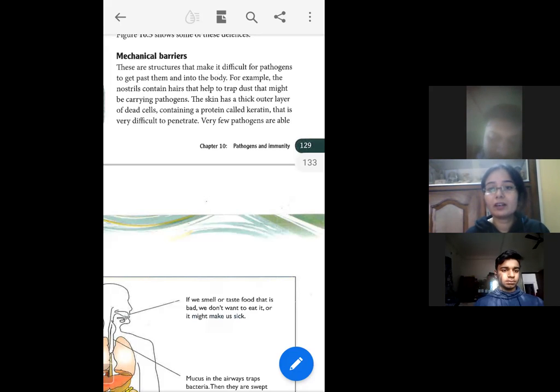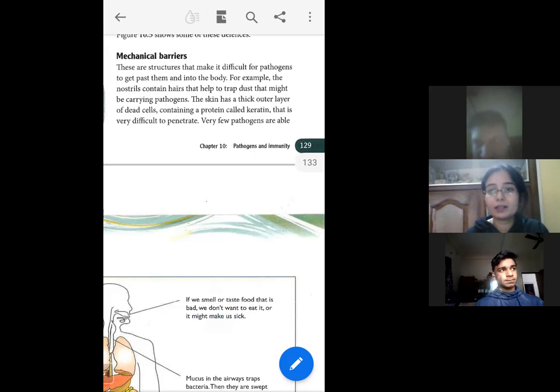So when we breathe in the air, we also breathe in the dust and dirt particles and all these things enter our body. And the dirt and dust particles contain pathogens or microorganisms. So that those dirt and dust particles cannot go to the lungs and block them. If the dirt and dust particles enter our body through the nostrils, what will happen?